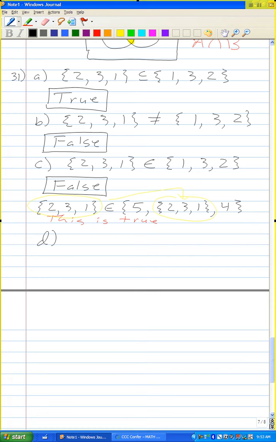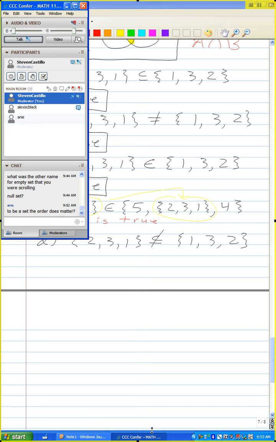Is {2, 3, 1} not a subset of {1, 3, 2}? Yes, to be a set, order does not matter.